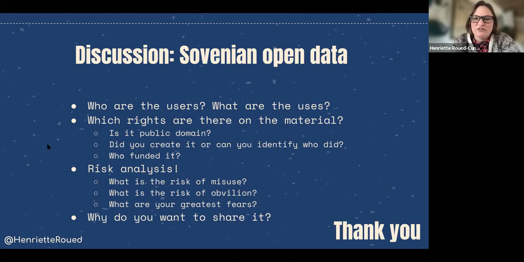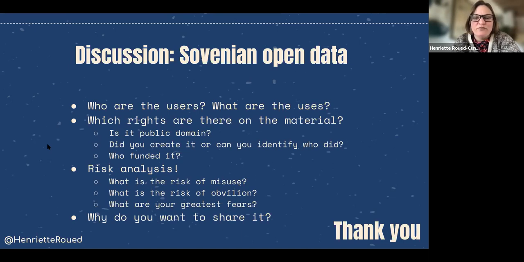Of course, there are also some questions that relate to rights. Is the material already public domain? Is it something that the institution has created, or can they identify who created it, who funded it, and what the rights surrounding these materials are?